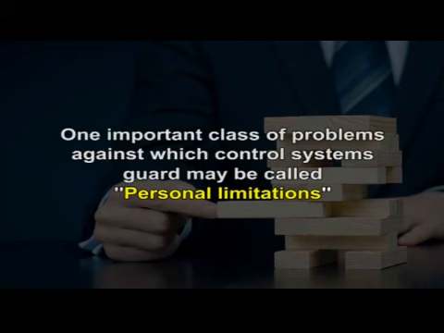One important class of problems against which control systems guard may be called personal limitations. People do not always understand what is expected of them nor how they can best perform their jobs, as they may lack some requisite ability, training or information.